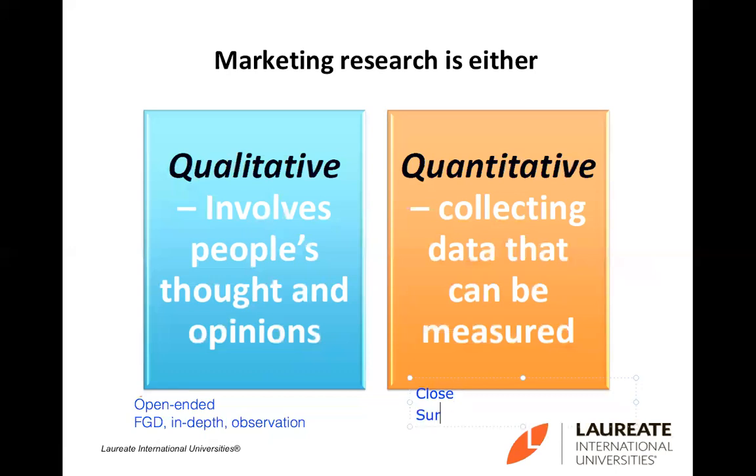And again, the popular technique here is survey, or questionnaire. So we spread the questionnaire to our respondents, including through mail or face-to-face. So that's basically quantitative and qualitative. There are two types of research techniques, qualitative and quantitative.